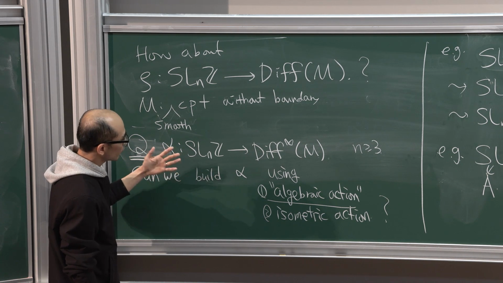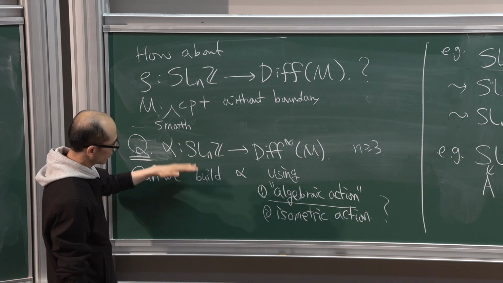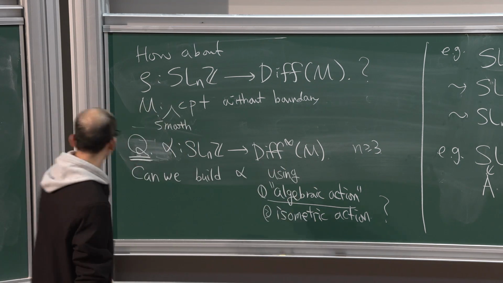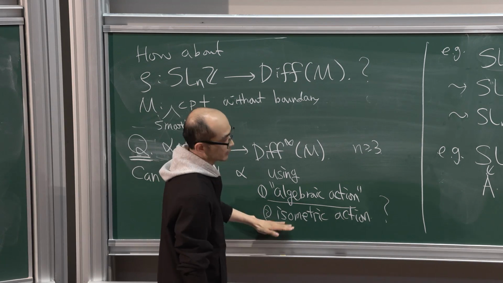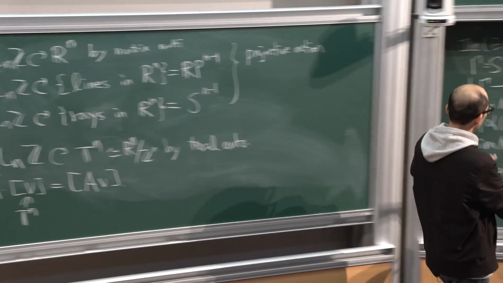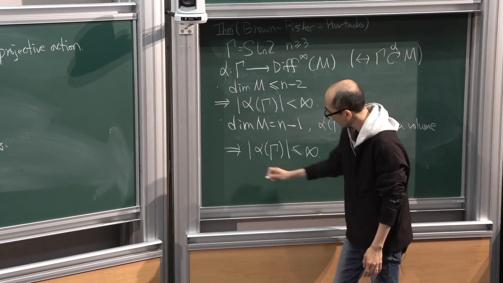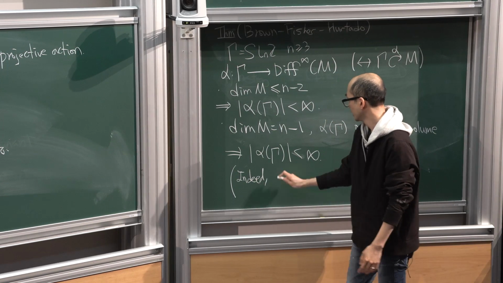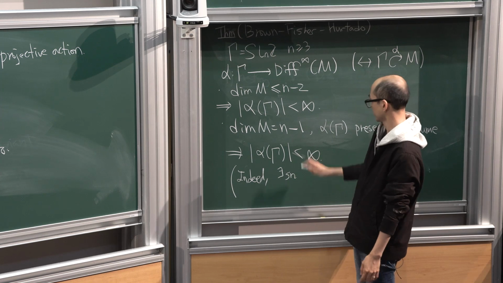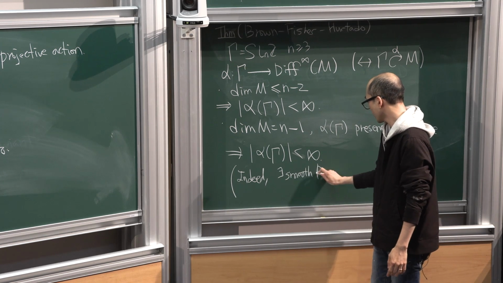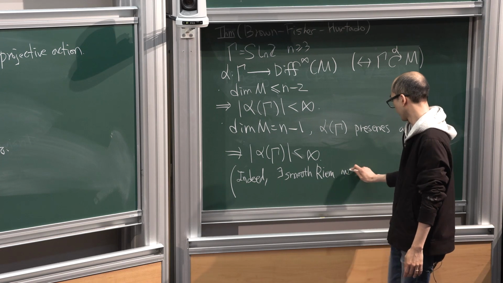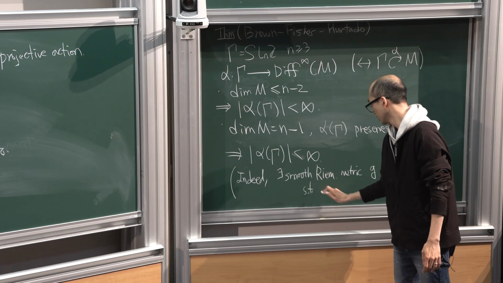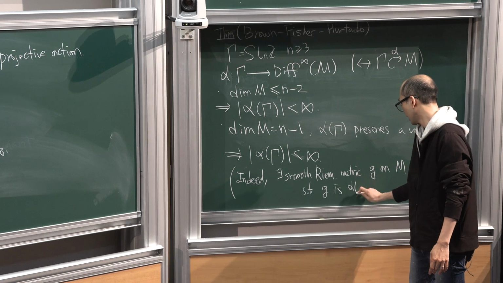one important feature in this question is how can you put some algebraic structure on M, or some isometric structure. Actually, even though I wrote it this way, their theorems are about, indeed in both cases, there exists a smooth Riemannian metric g on M such that g is alpha(gamma)-invariant.